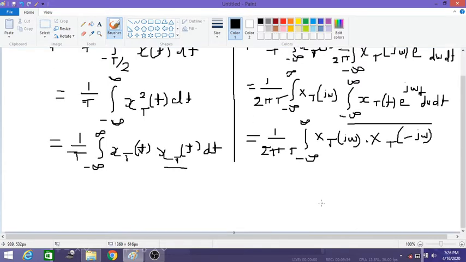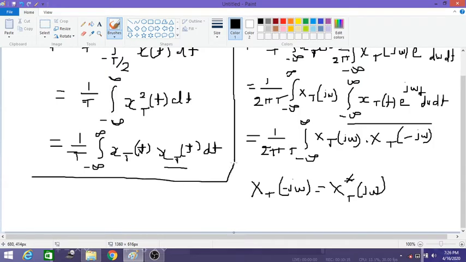And one more thing we have to remember: X_T of minus j omega is nothing but the conjugate of X of j omega. So we can write this as X conjugate. When we write this as X conjugate, I can take this as a magnitude.